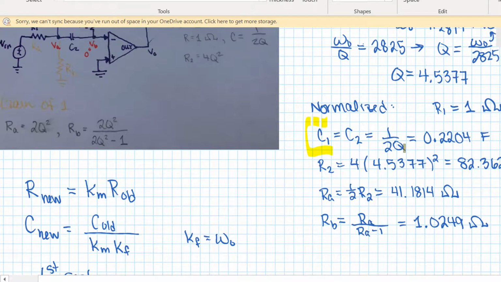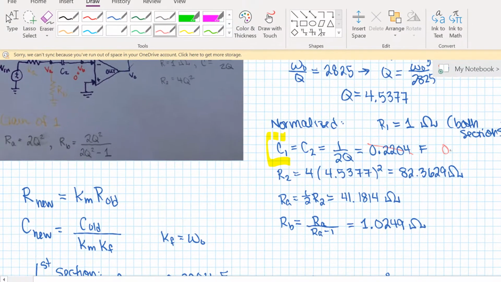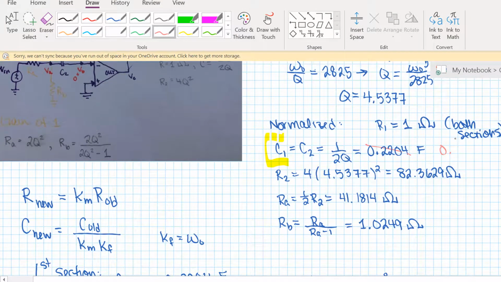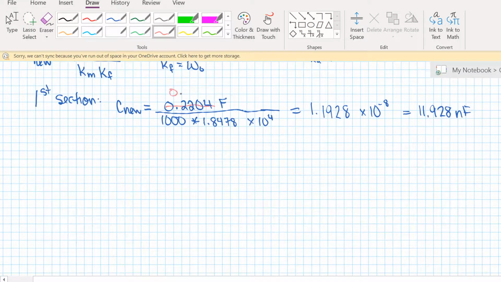So I should have had 0.1102. If I divide that by 2, I get 5.964 times 10 to the negative 9, so that's 5.964 nanofarads.